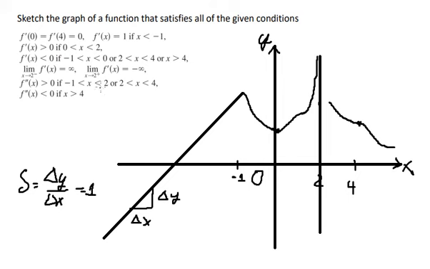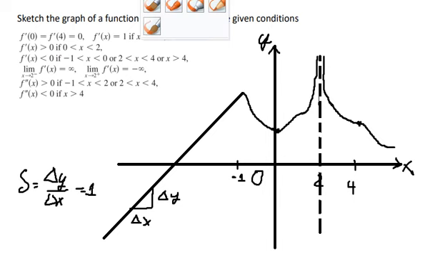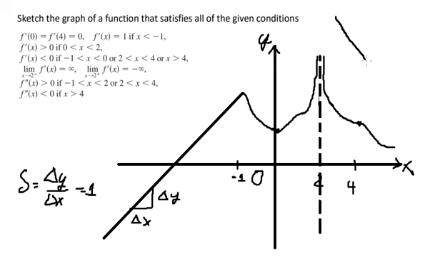And when x approaches 2 on the right, the slope goes to negative infinity. That means it will decrease. Because of the negative infinity slope, it will go down like this. That's why we need to draw this one.